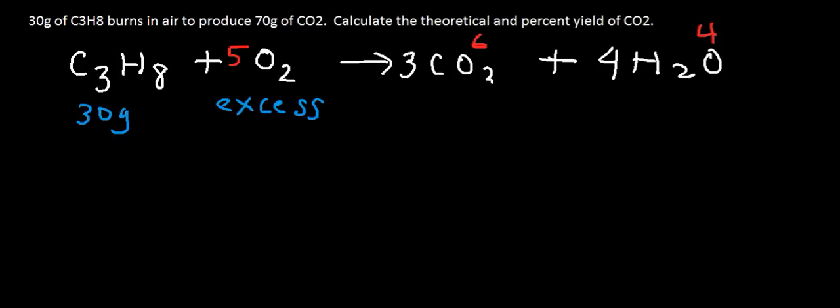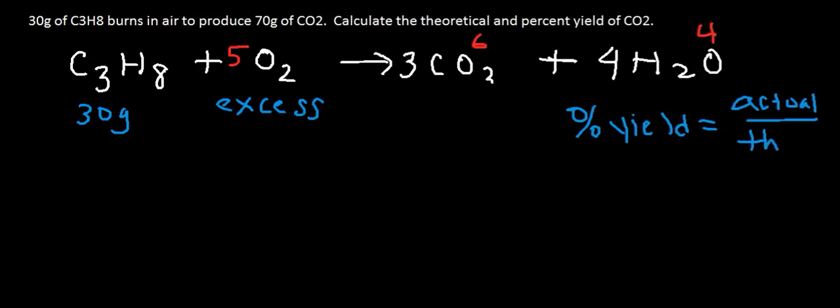Now, the equation for percent yield, it is the actual yield divided by the theoretical yield times 100%. So you need to know the difference between the actual and the theoretical yield. The theoretical yield is what you calculate. It's the maximum amount of product that you can get.